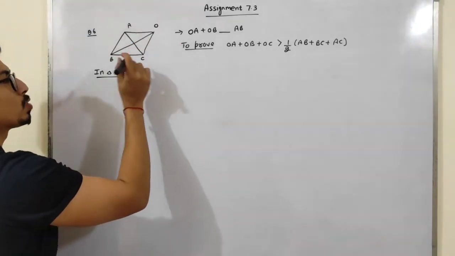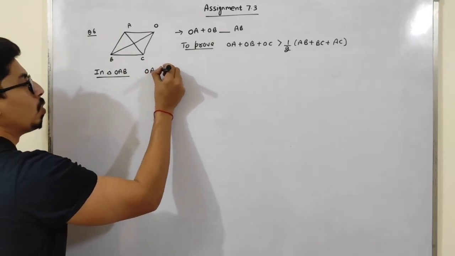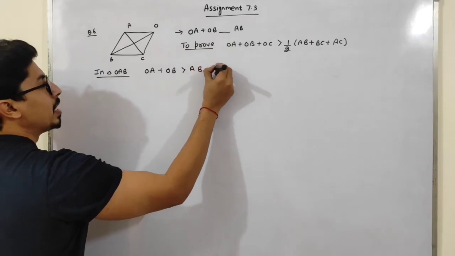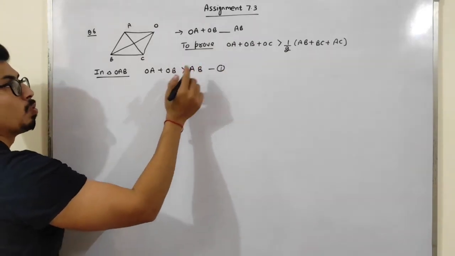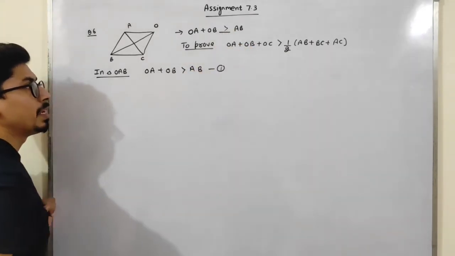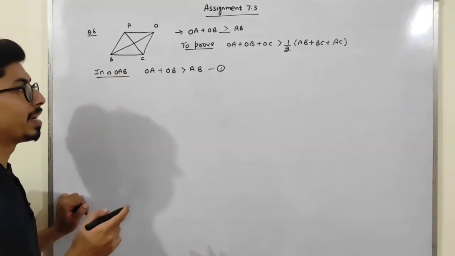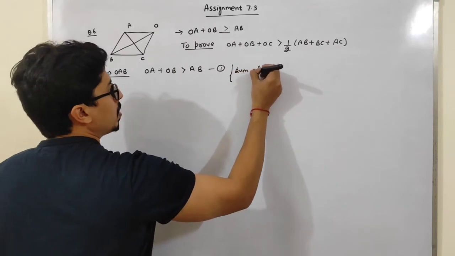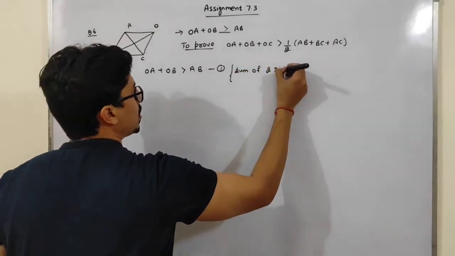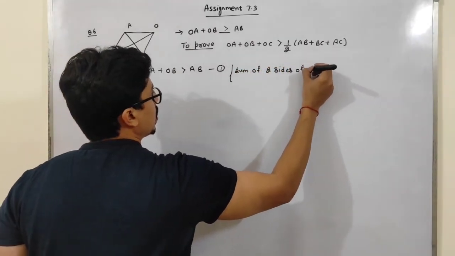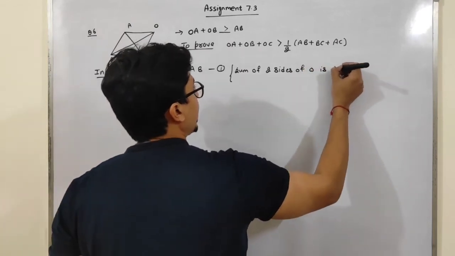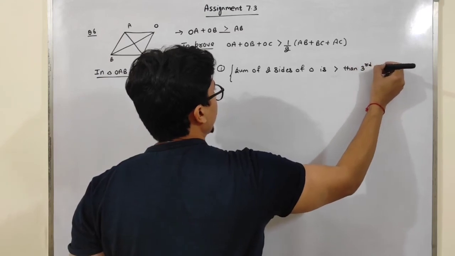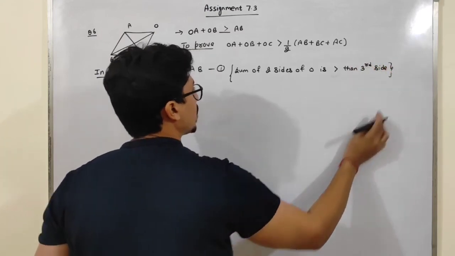That means OA plus OB is greater than AB. Name this equation 1. So we get our sign, and the reason is the sum of two sides of a triangle is greater than the third side. Okay, we know this property.